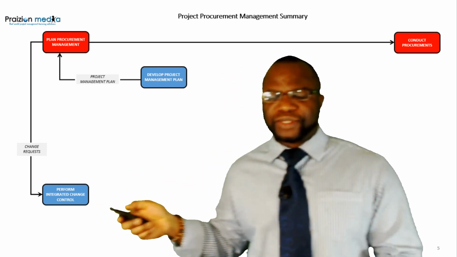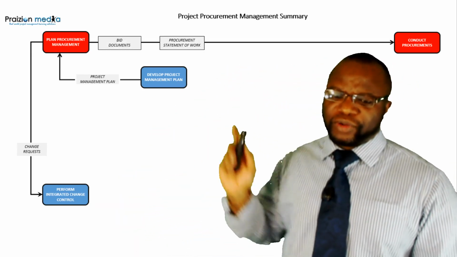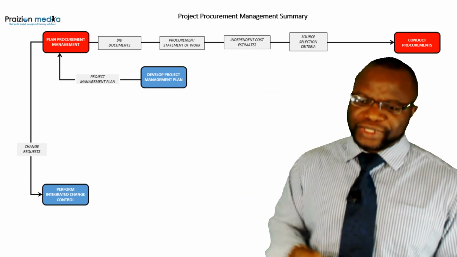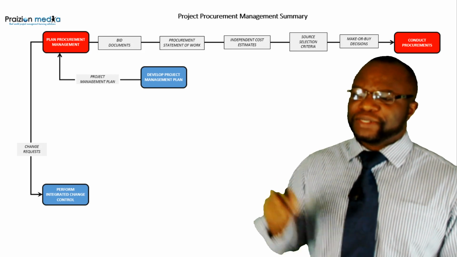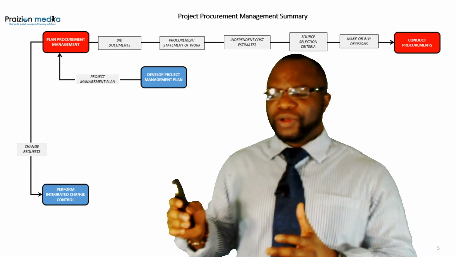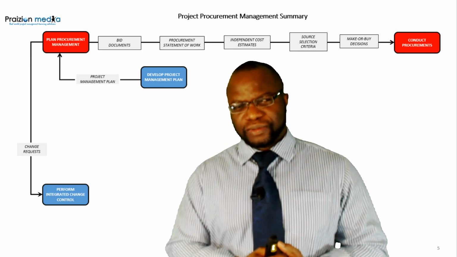And that's why in this solution, I'm trying to show you the bid documents you get, the procurement statement of work you get, the independent cost estimates you get, the source selection criteria that you get, and the make or buy decisions you get. They are all going to conduct procurements.